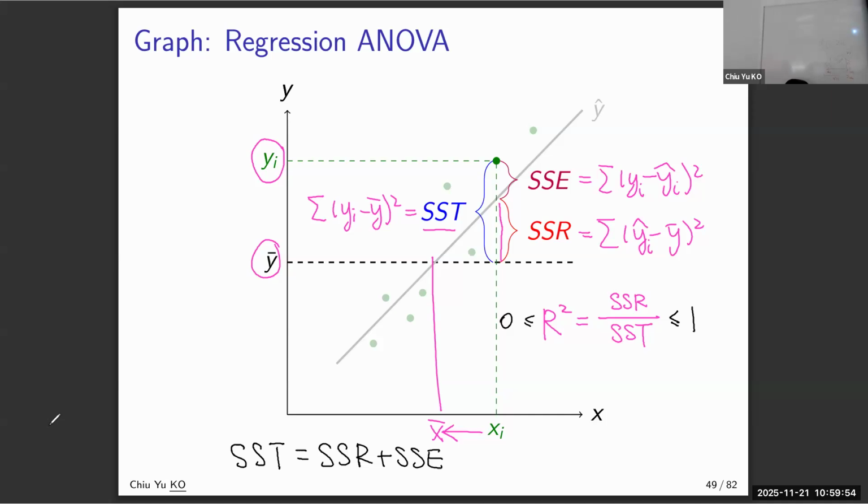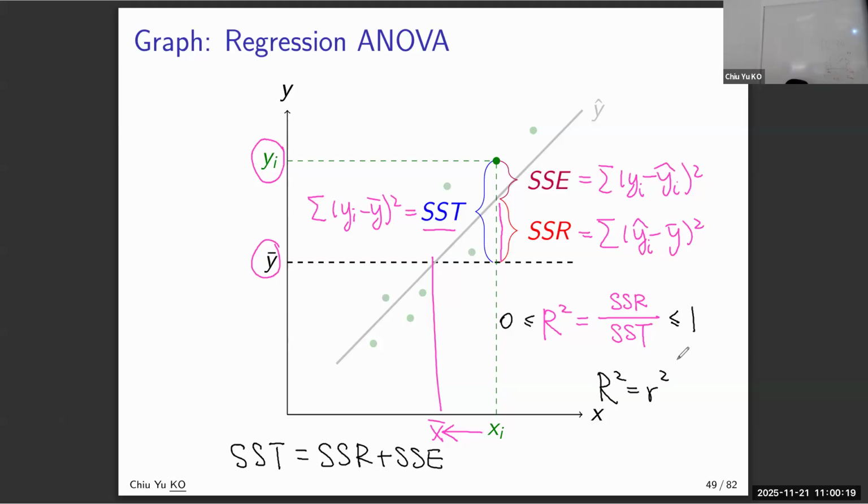And actually, the correlation coefficient we call small r. And in this particular case, only true in the simple linear regression, this R square is the same as the correlation coefficient squared. Okay. Turns out to be very interesting.